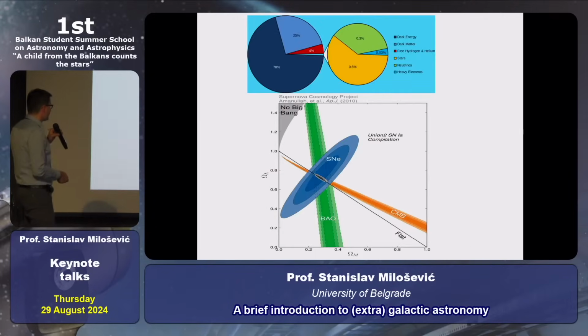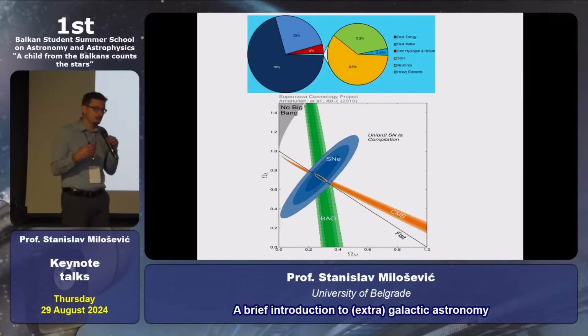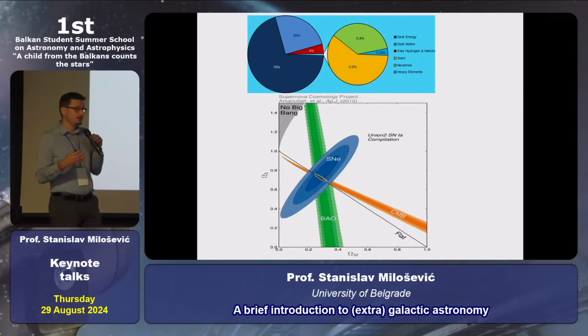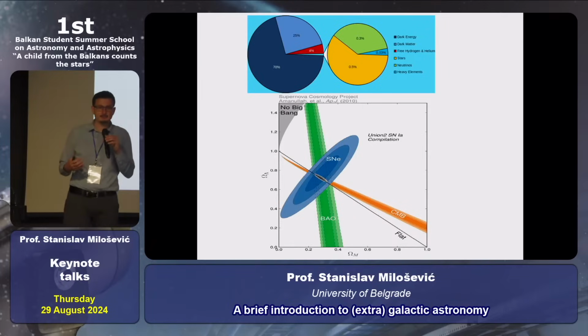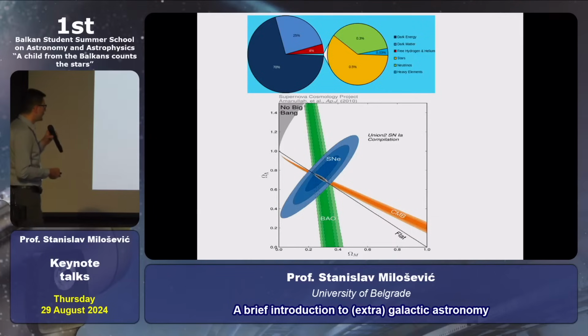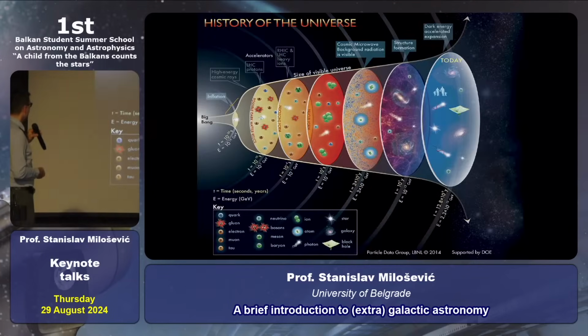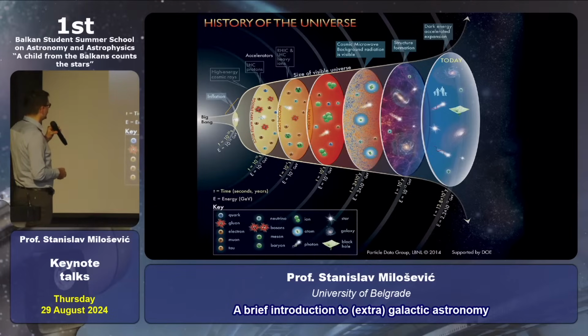And you remember from the previous slide, the scale factor is the connection between physical distance and coordinate distance. Now, if we talk about the evolution of the universe in this manner, we need to include general relativity. The theoretical solutions of the equations of general relativity were given by Friedman and Lemaitre. So we have this theoretical approach and observational approach. And this is the history of the universe. You already saw this image.